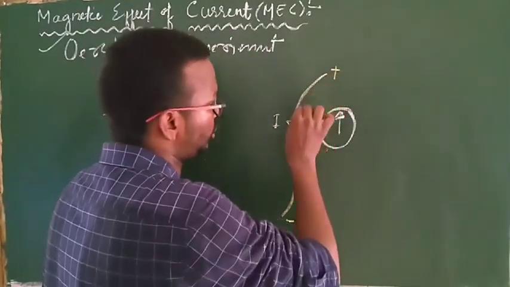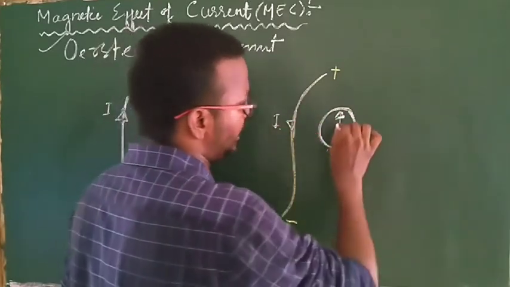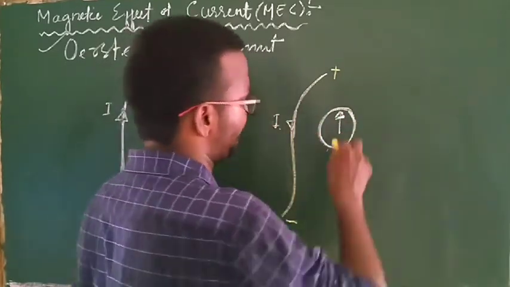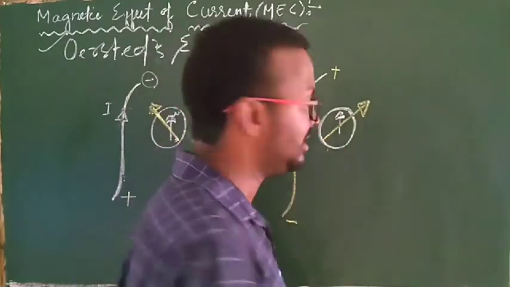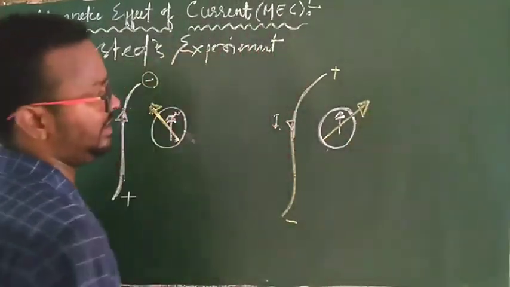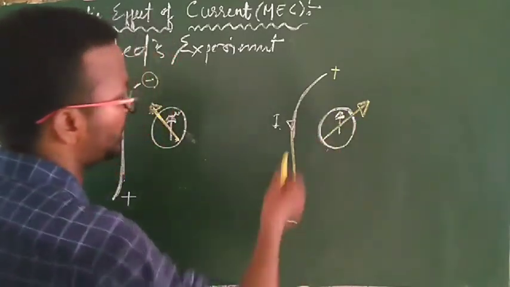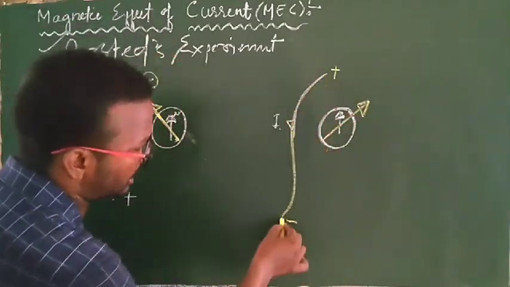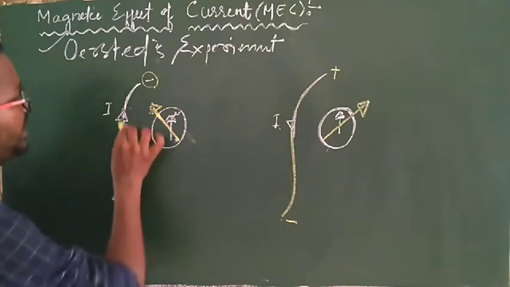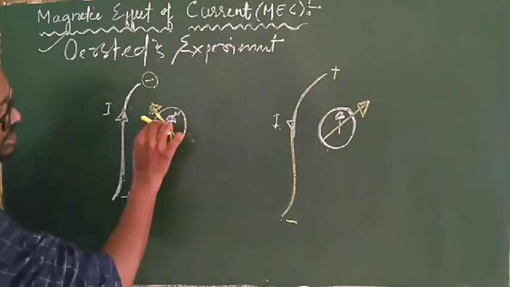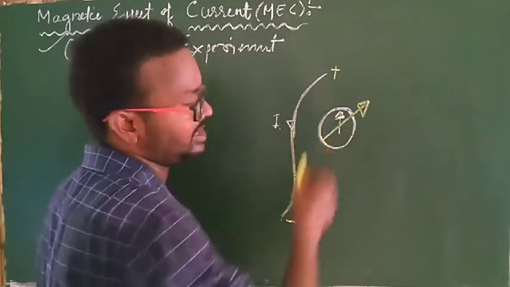After current I flows through the wire, the magnetic needle deflects in this way. Clear? So this is the direction in which the magnetic needle deflects when current flows through this terminal, and in the first situation, when current flows from positive to negative terminal, the magnetic needle deflects in this way, and this is the magnetic needle in this way.